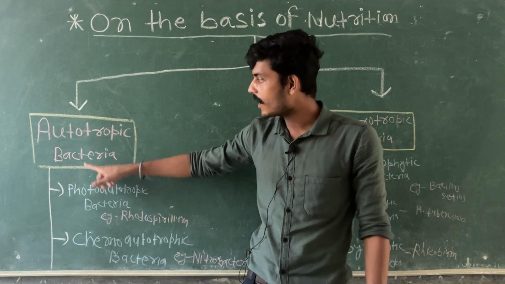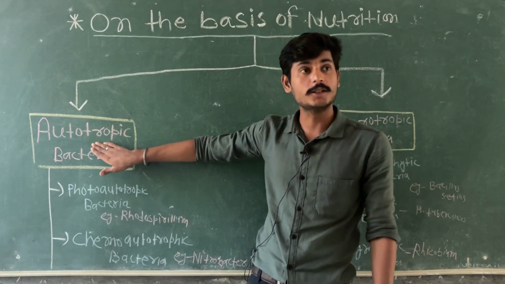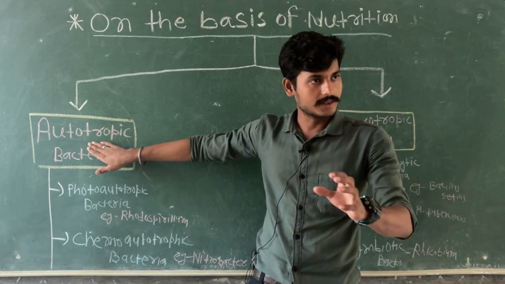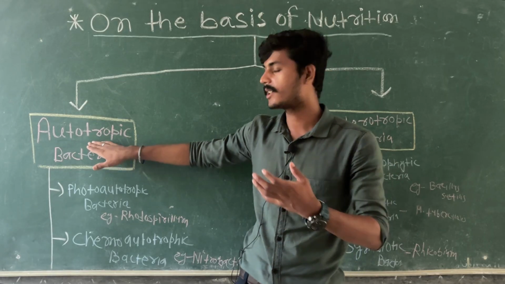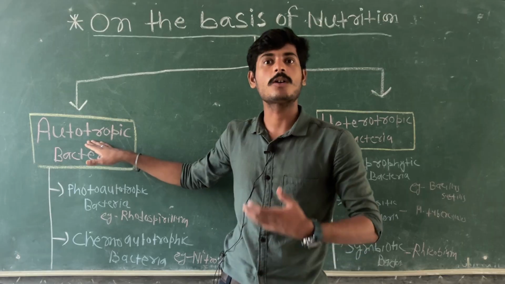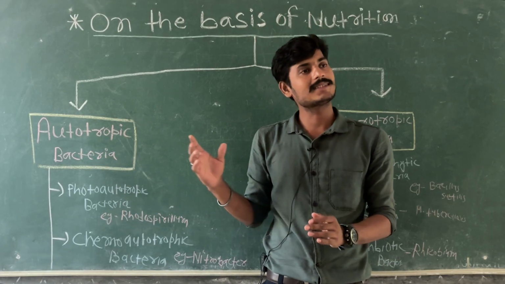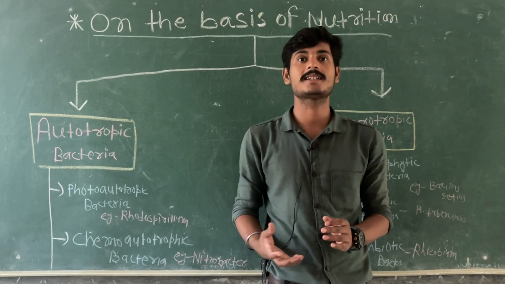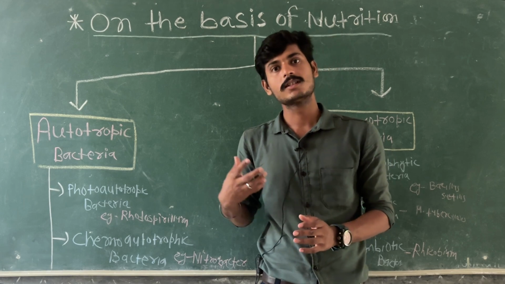So the bacteria who perform autotrophic nutrition get nutrition by their own effort. They make the food by their own effort, like plants, which are basically synthesizing their own food.